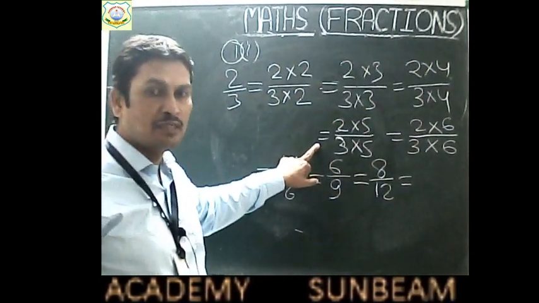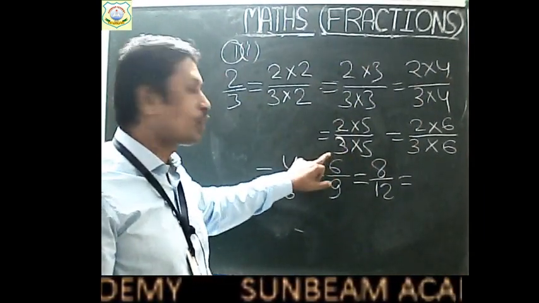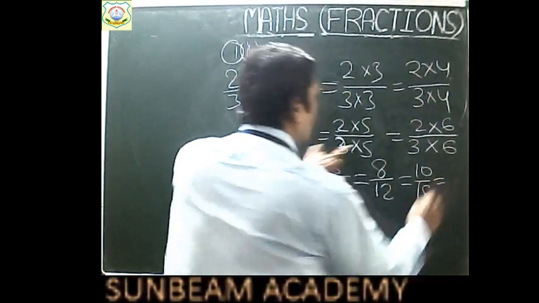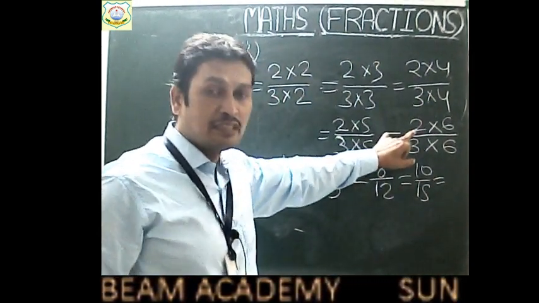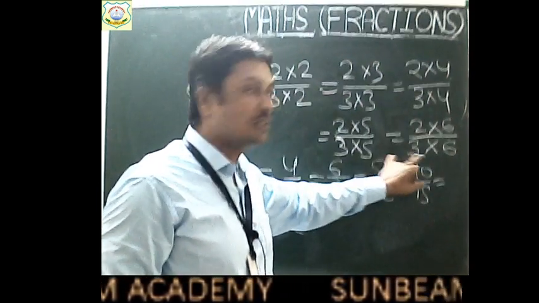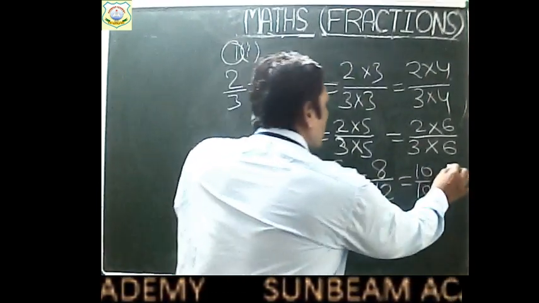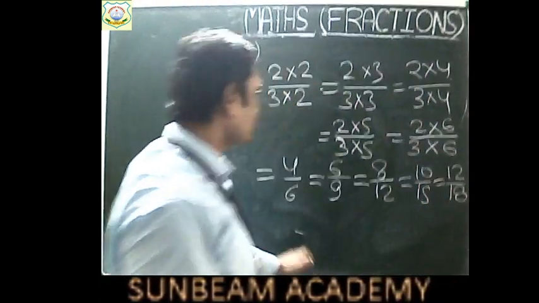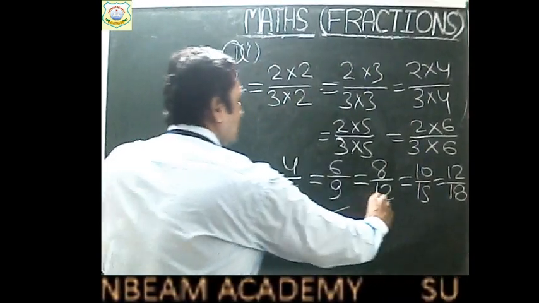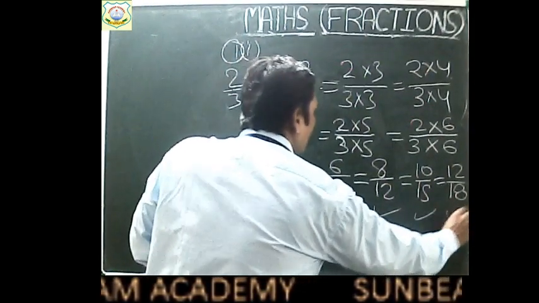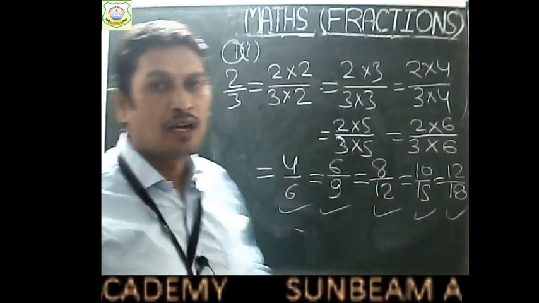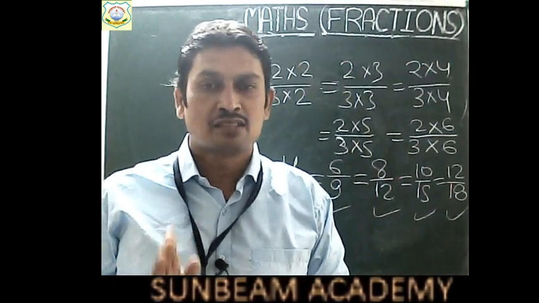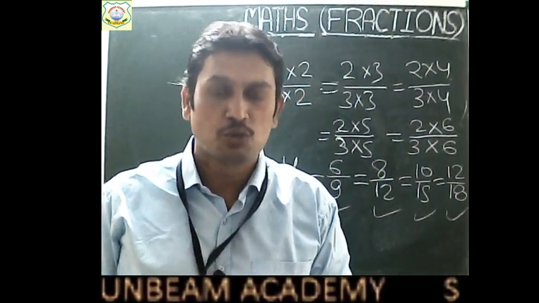Then the next one will be 2 fives are 10 upon 3 fives are 15, 10 by 15, and the last one will be 2 into 6 upon 3 into 6. That means 2 sixes are 12 upon 3 sixes are 18. So 4 by 6, 6 by 9, 8 by 12, 10 by 15 and 12 by 18. All are representing 2 by 3 only. So all the fractions are equivalent to 2 by 3 only.